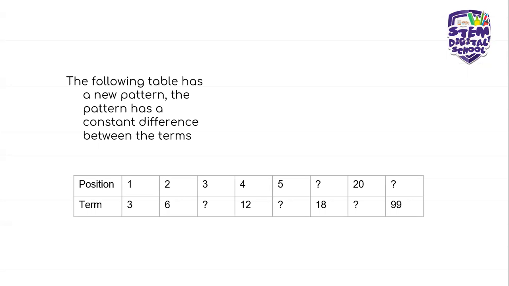Now that we have a pattern, in position 4 the corresponding value is 12. And of course, we can then find the constant difference. How do you find the constant difference?